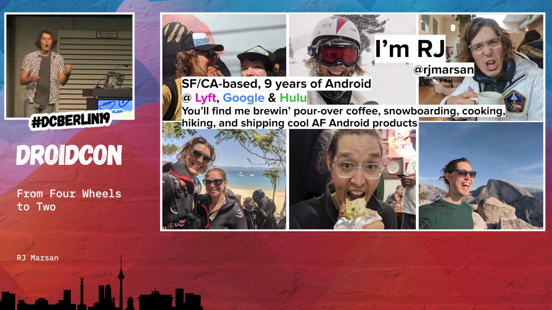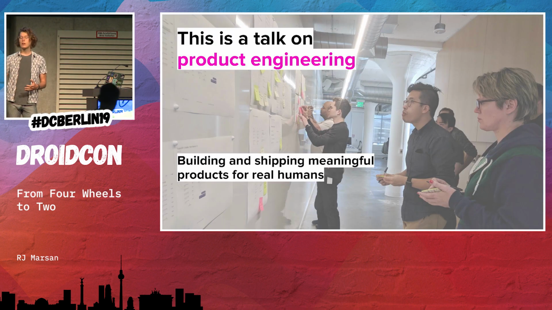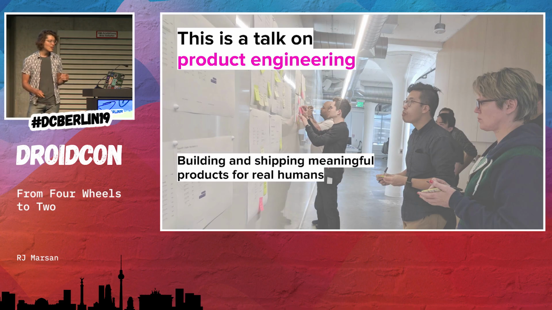But I've always used that in the pursuit of the things that I really love, which is building and shipping awesome Android experiences that people pick up and use in moments of time. And the actual process of that is what I really want to share, because what I think that is about is product engineering.